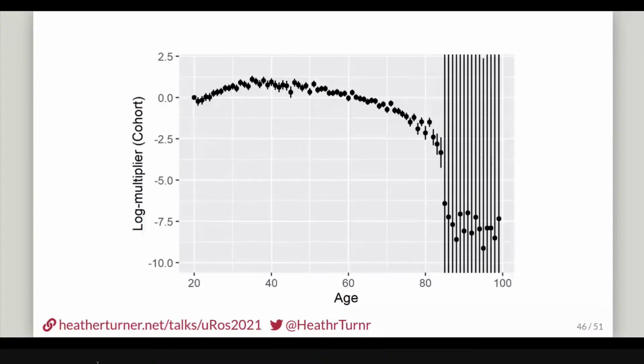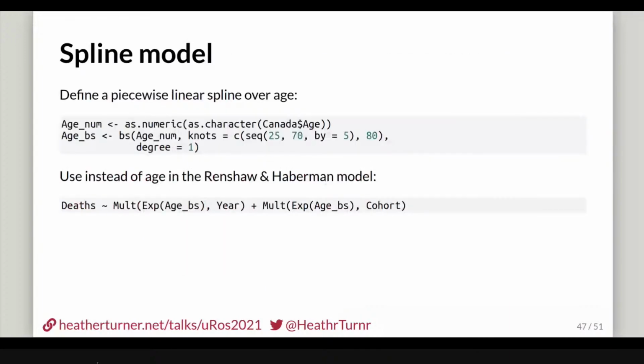So rather than fitting a separate estimate for each age, we could consider some type of spline. Here we're just going to consider a piecewise linear spline, which we can define using the bs function from the splines package.